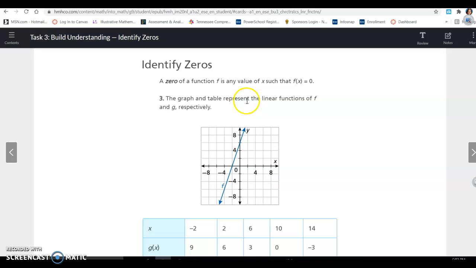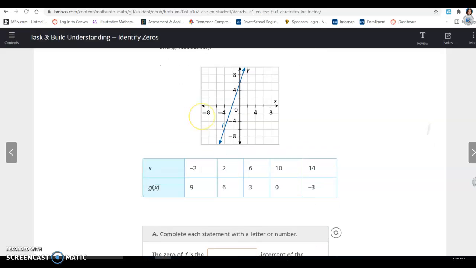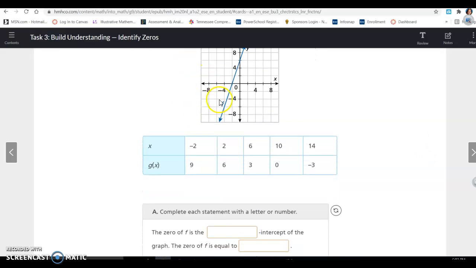All right, so the graph and table represent a linear function. It's a straight line, so it's linear. So the graph and table both represent linear functions f and g respectively. Okay, so here is f and here is g. All right, so it says complete each statement with the letter or number. So the 0 of f is the blank intercept of the graph.